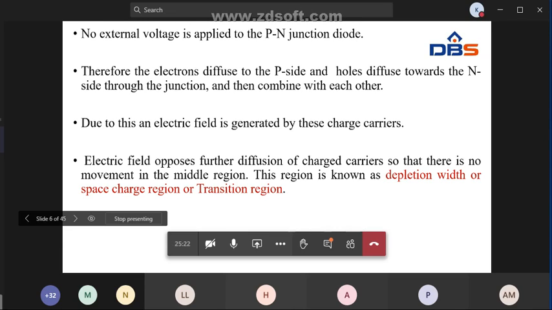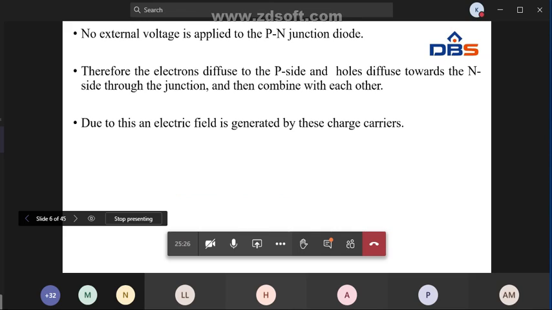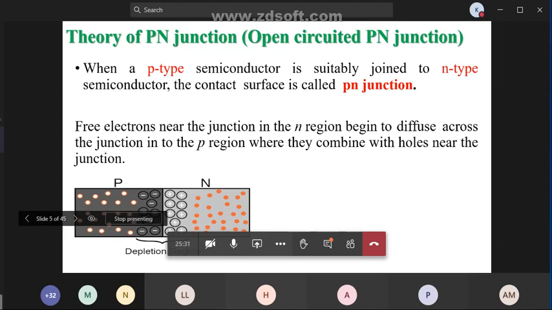This region is known as the depletion region or space charge region or transition region.